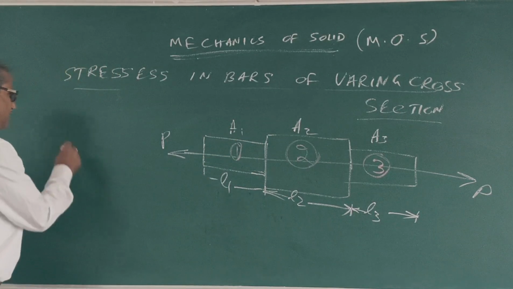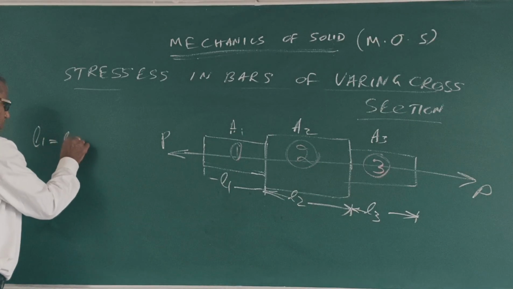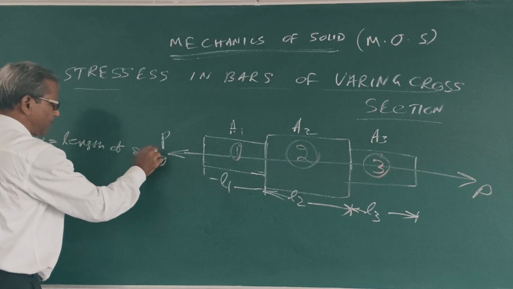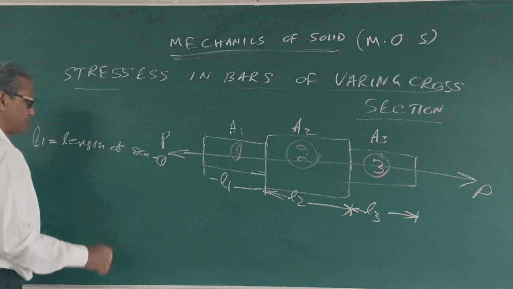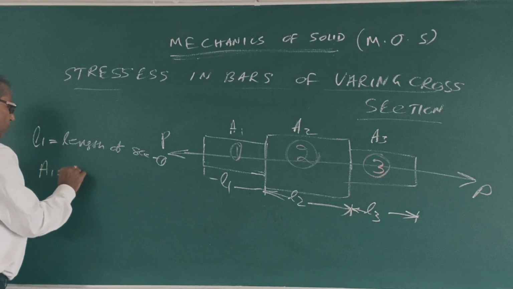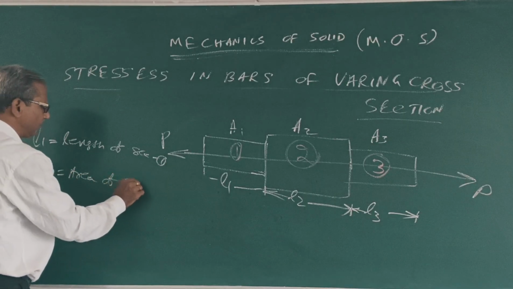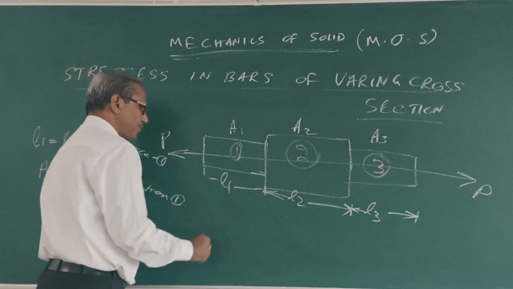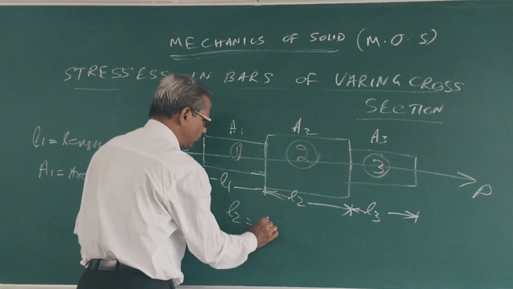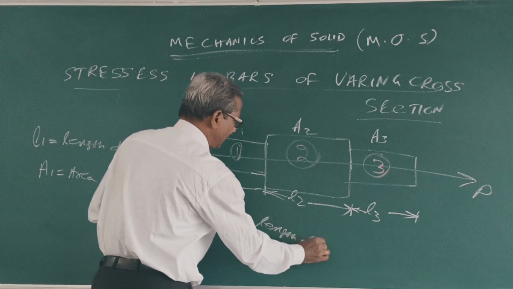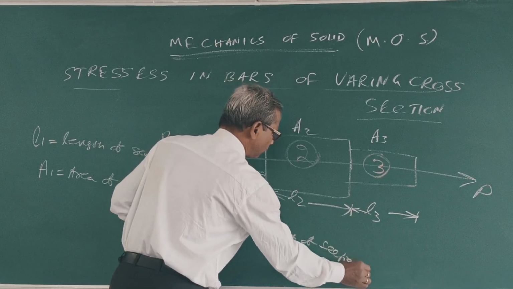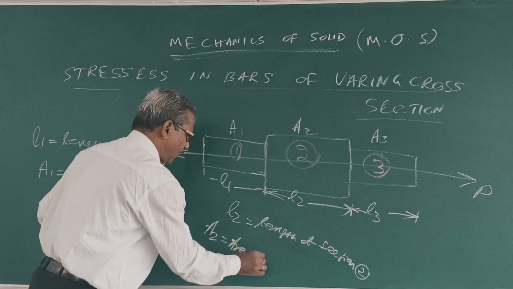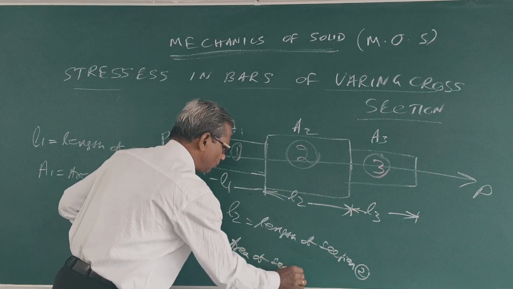Let L1 be the length of section 1. A1 is the area of section 1. Clear? Similarly, L2 is the length of section 2, A2 is the area of section 2.